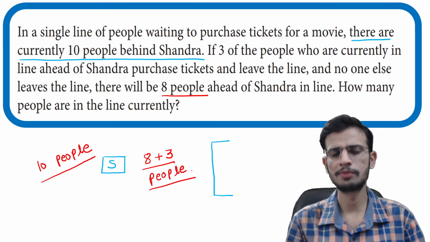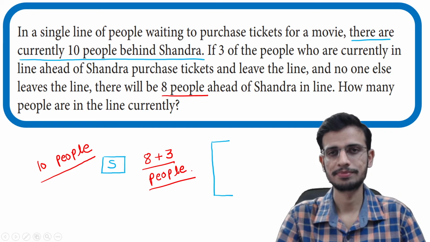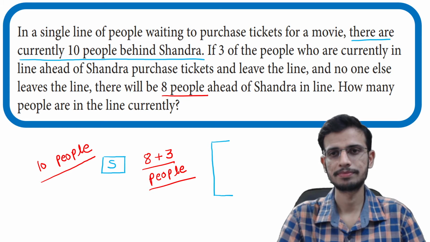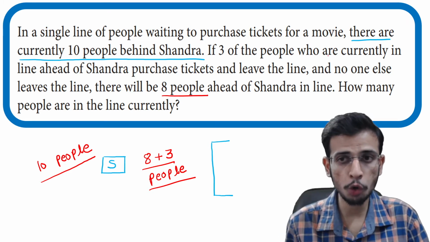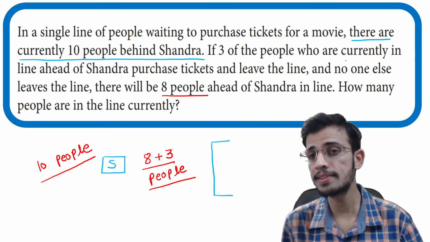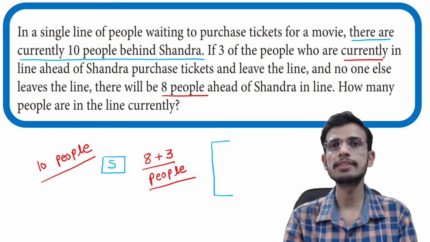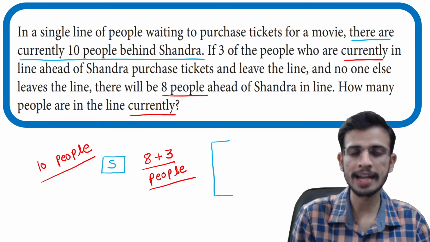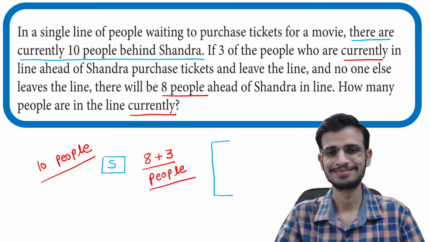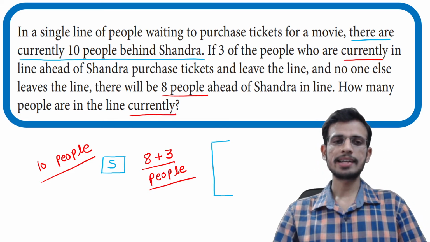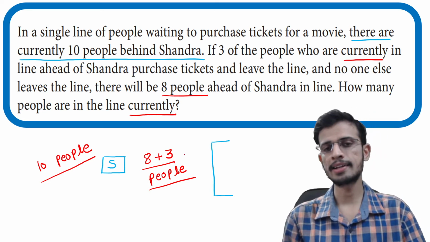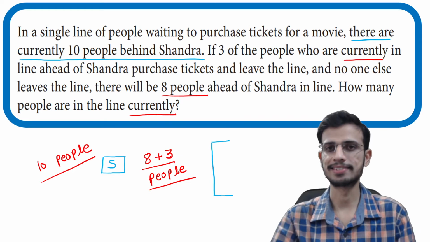You can read the question once again if you want. Yes. Those 3 people are currently in the line, and we have to find the total number of people in the line at the current state, right? So we can say currently there are 10 people behind S and there are 11 people ahead of S, Sandra.